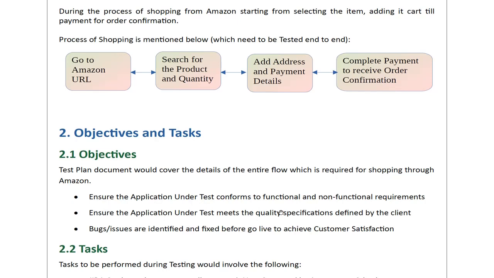We will check that the application and the test meet the quality specification which is defined by the client, and we will fix issues so that our application will be bug free and so on. So keep all the objectives in mind, and we can write them here in the test plan.